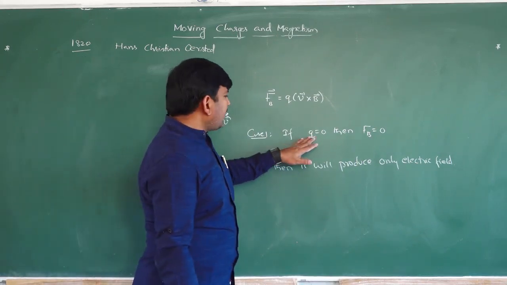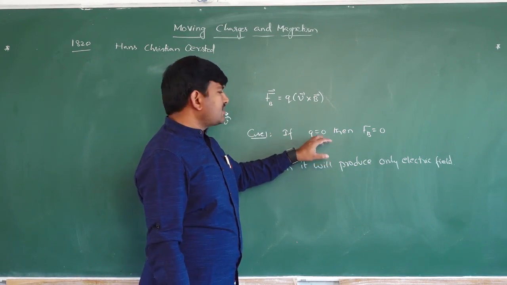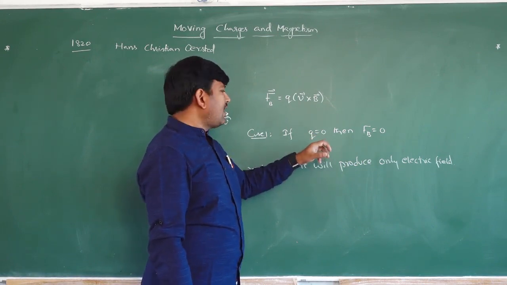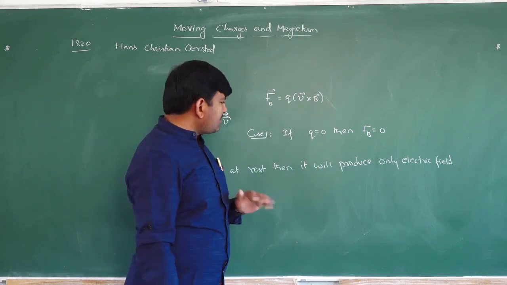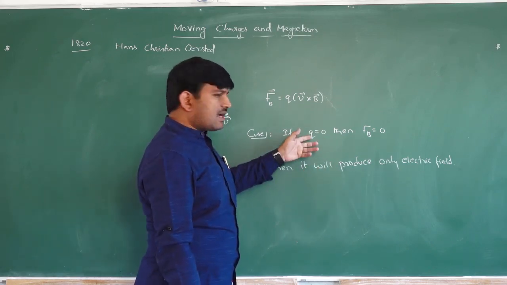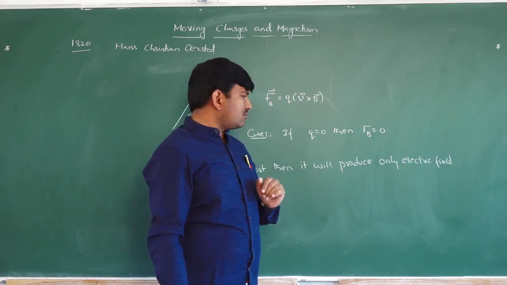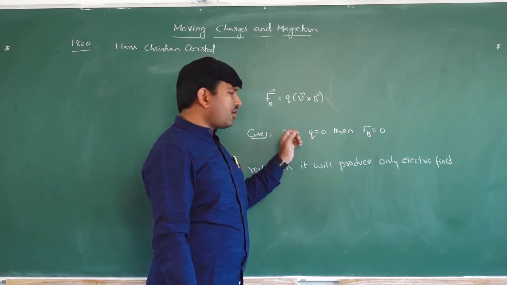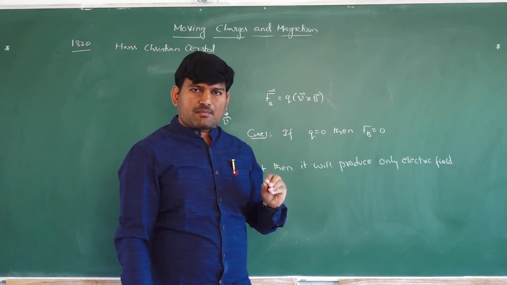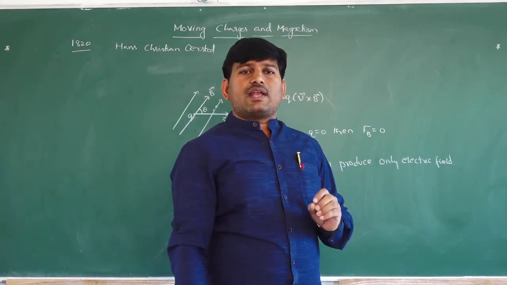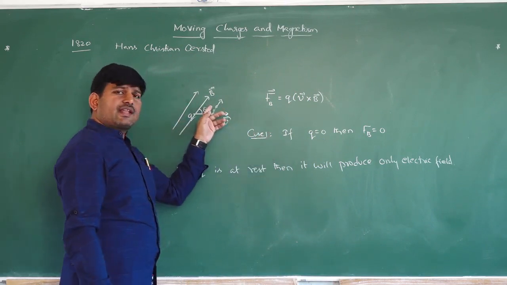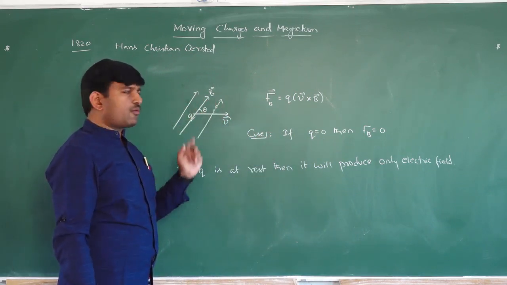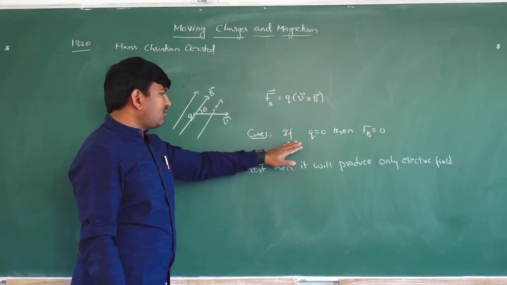So if Q is equal to 0, that means the charge on the body is 0, there is no electric field. Similarly, as there is no charge on the body, there won't be any magnetic field either. Now, the body has some specific mass, and because of that mass it will have a gravitational field. Here, the gravitational field cannot interact with the magnetic field directly. Therefore, there won't be any magnetic force acting on this charge.